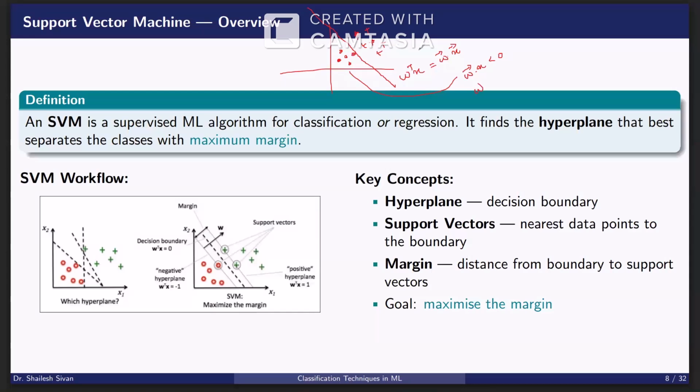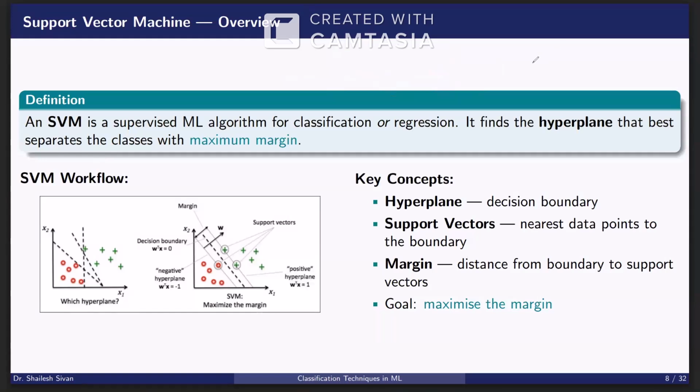A point on this region will have W transpose X greater than 0. So for any classification, we can find a hyperplane that separates two classes of objects. Is that clear? Are you getting it? And this is what happens with a neural network that we are going to discuss.